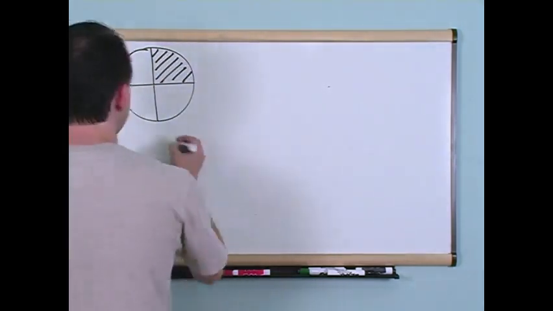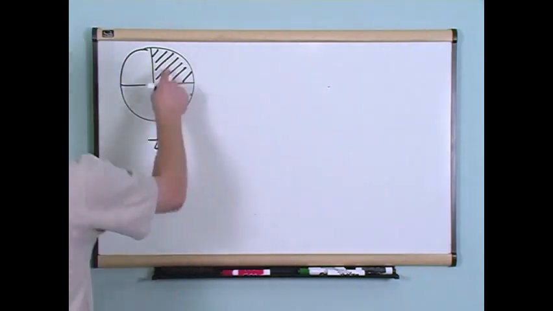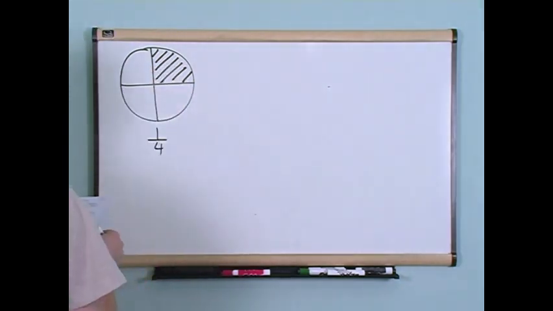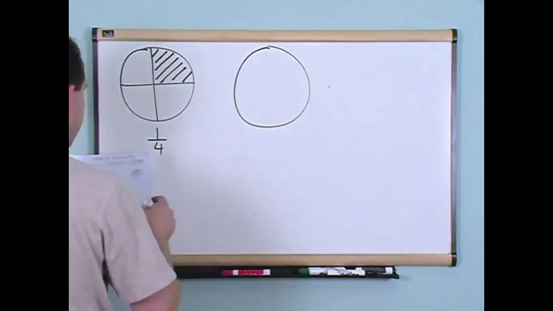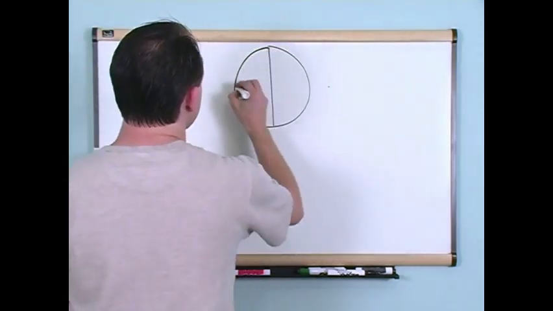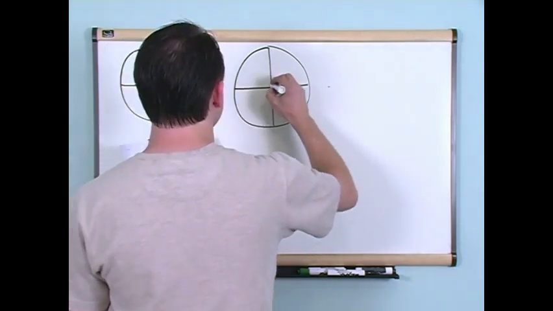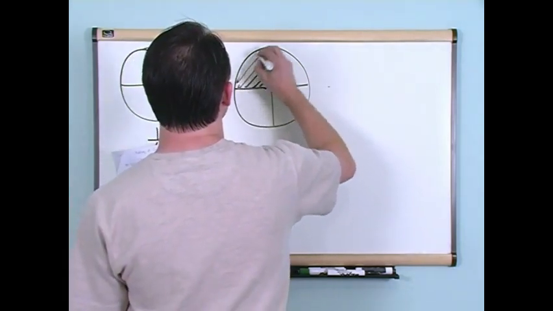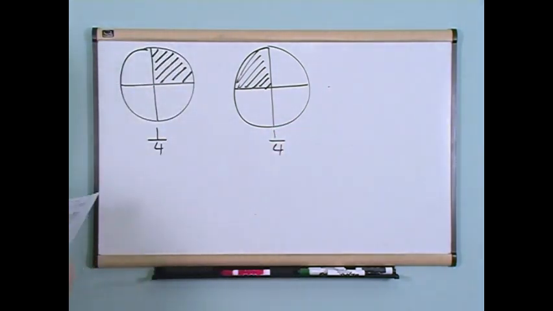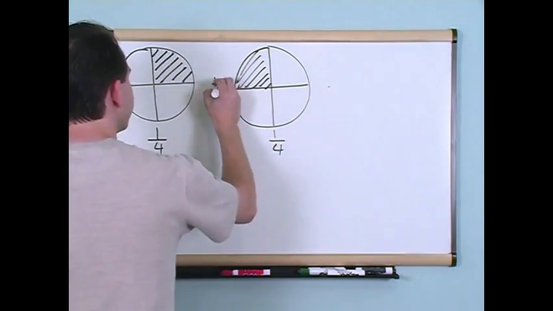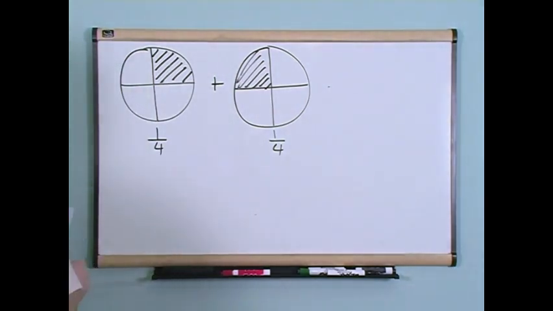So this is 1/4. 1 piece out of 4 total pieces. And then over here I have another pie, and I'm going to add to that. And I'm going to have another piece out of this pie that I'm interested in. So this is 1/4, another 1/4, separate 1/4, and I want to add these two together. What is going to happen?